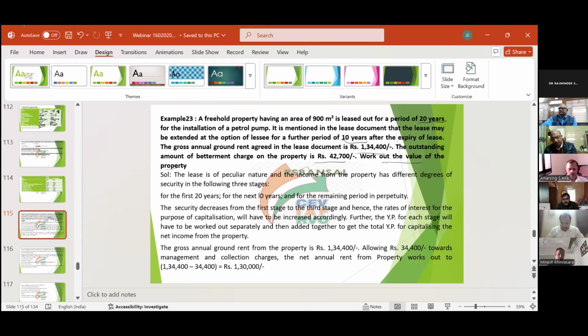And after that, the remaining period. There are three types of period in this case, means for the first 20 years, for the next 10 years, and for the remaining period in perpetuity.